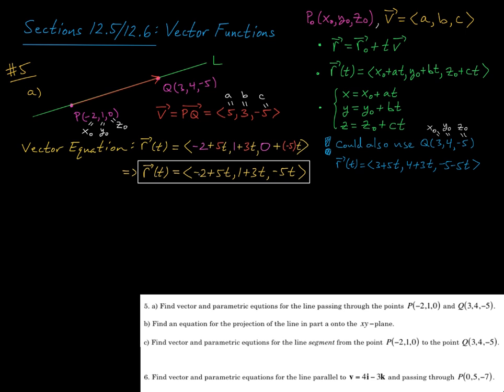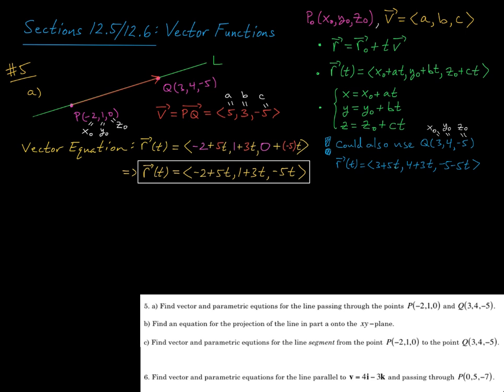So in our first solution, notice when T is 0, I'm at the point -2, 1, 0. Well, in other words, I'm at the point P. And when T is 1, I am at 3, 4, -5. So I'm at the point Q. So for our first solution, when T is 0, I'm at P. And when T is 1, I'm at Q.